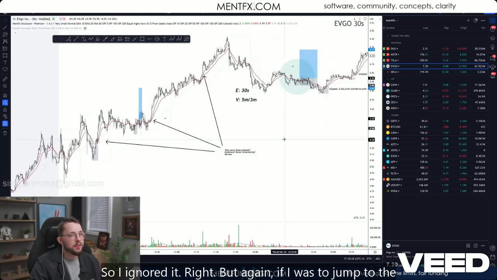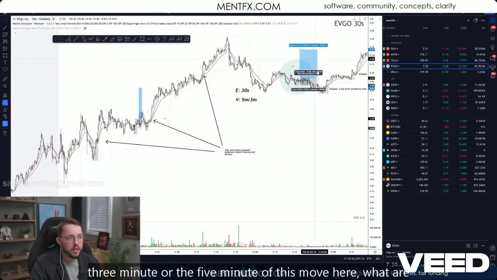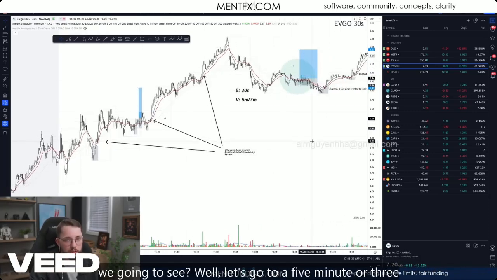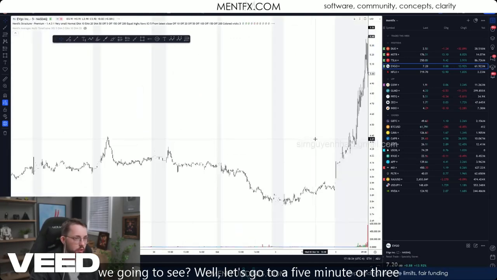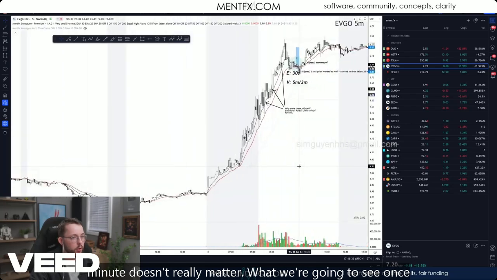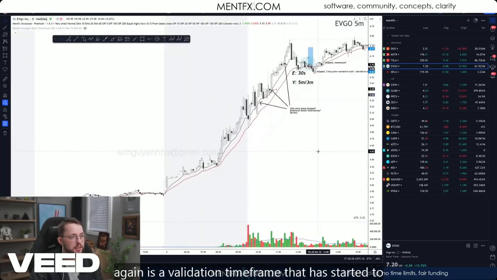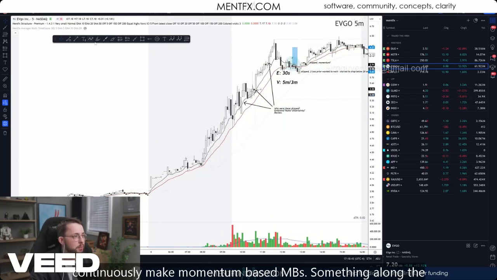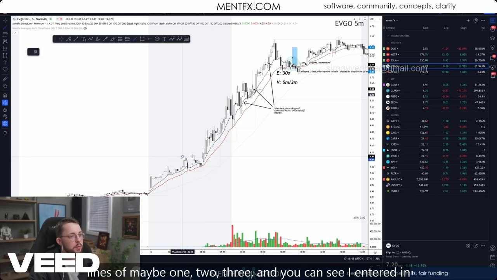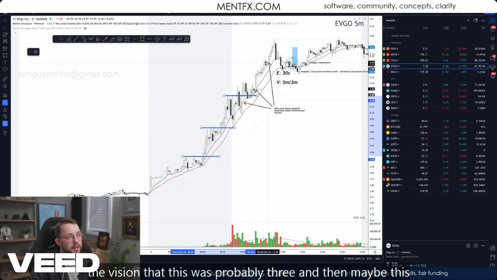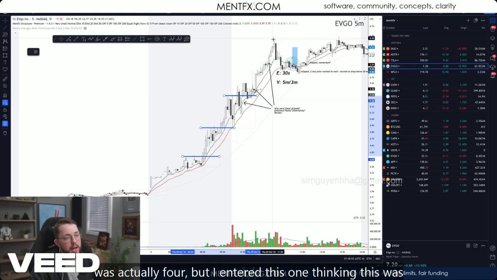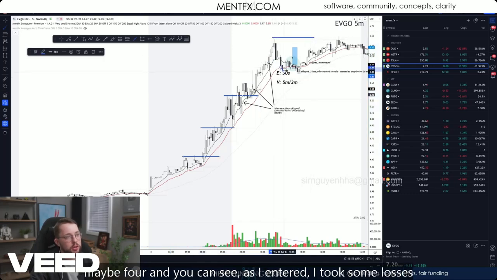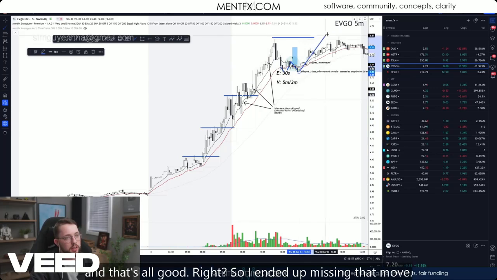But again, if I was to jump to the 3-minute or the 5-minute of this move here, what are we going to see? Well, let's go to a 5-minute or a 3-minute, doesn't really matter. What we're going to see, once again, is a validation time frame that has started to continuously make momentum-based MBs, something along the lines of maybe 1, 2, 3, and you can see I entered in the vision that this was probably 3, and maybe this was actually 4, but I entered this one thinking this was maybe 4, and you can see as I entered, I took some losses, and that's all good, right?